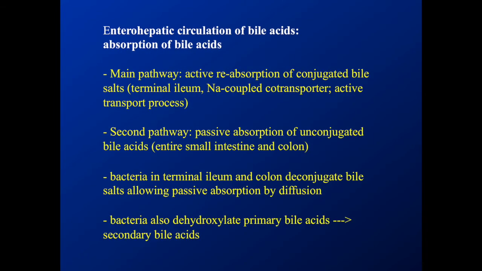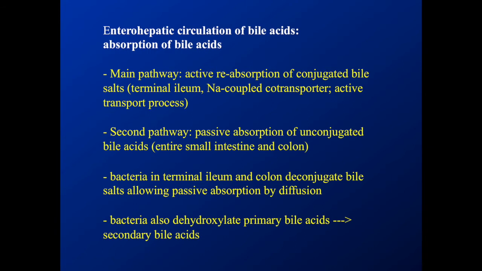So the main pathway for the absorption of bile acids is through active reabsorption of the conjugated bile salts. And like I said, this happens in the terminal ileum, and it's a sodium coupled transporter. The secondary pathway then is passive absorption of unconjugated bile salts, and the difference between the unconjugated and the conjugated is their solubility.